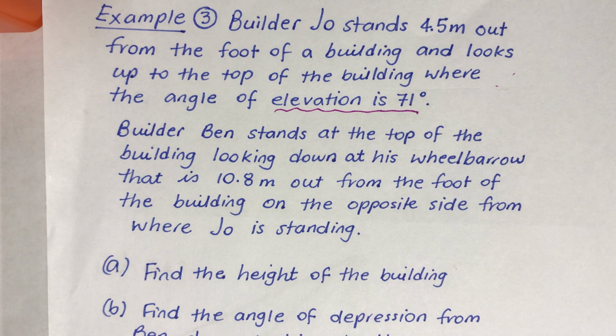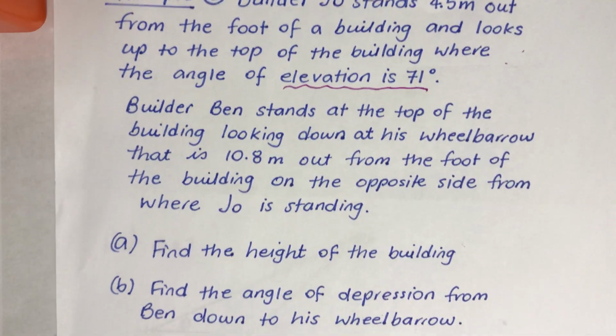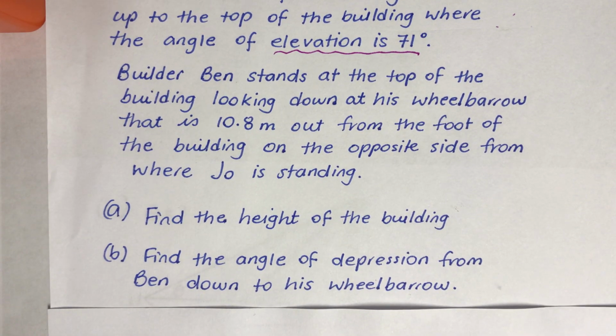And the builder Ben stands at the top of the building looking down at his wheelbarrow, which is 10.8 meters out from the foot of the building on the opposite side from where Joe is standing. Now, the important part is there are two builders, but only one building. Okay, so again, don't panic. Part A, find the height of the building.